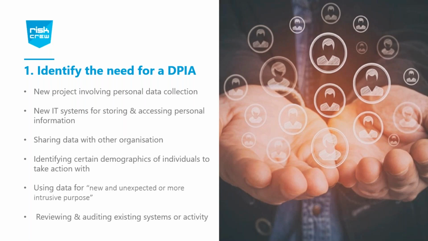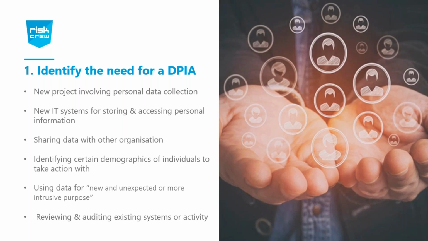And you have to know that a DPIA is needed when you plan to embark on a new project involving the collection of personal data, introduce new IT systems for storing and accessing personal information, participate in a new data sharing initiative with other organizations.